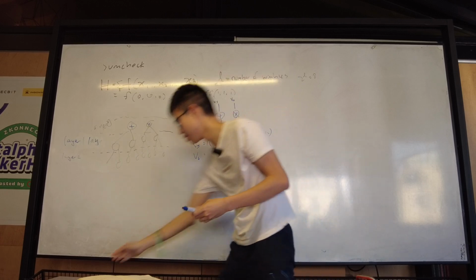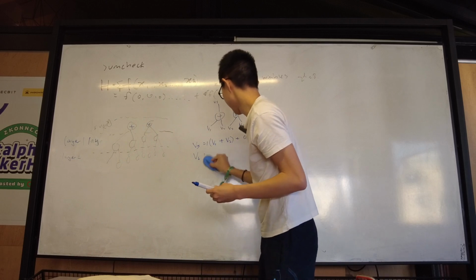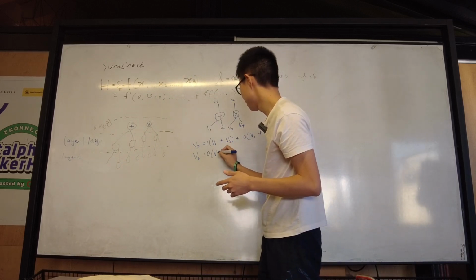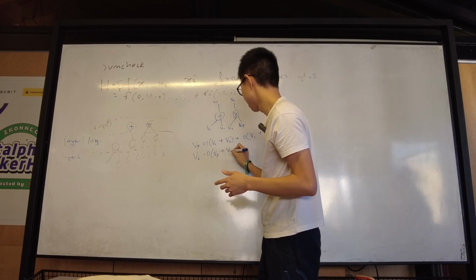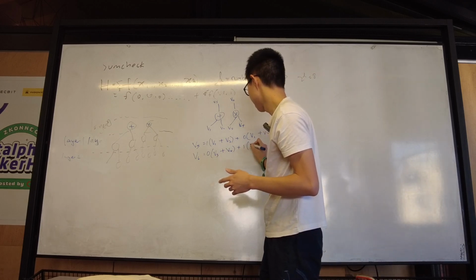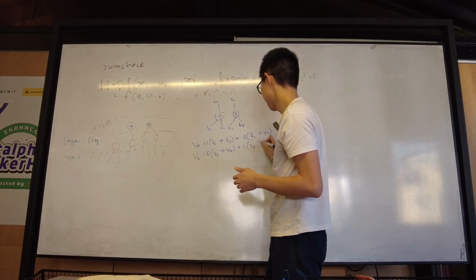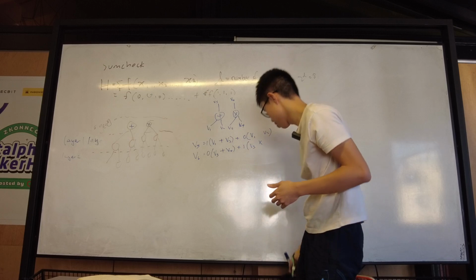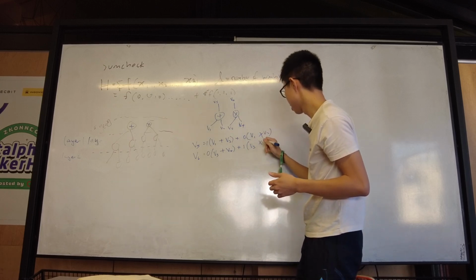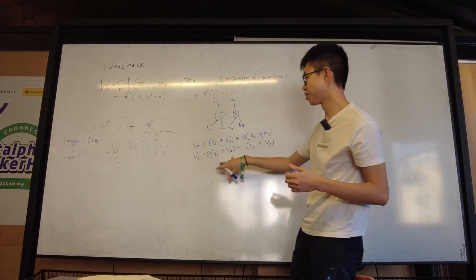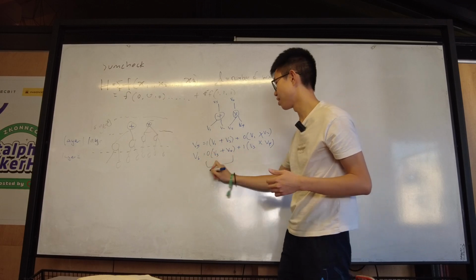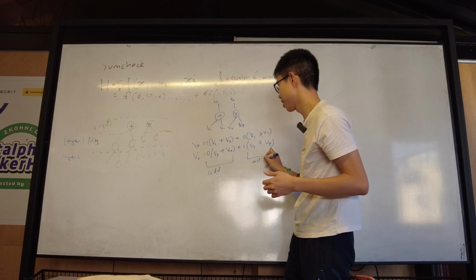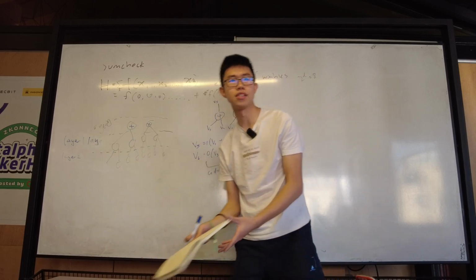So I think a better way of writing it is, sorry, this is the times. Yeah, so this part is just the addition gate, this part is the multiplication gate, and you form this into, yeah.